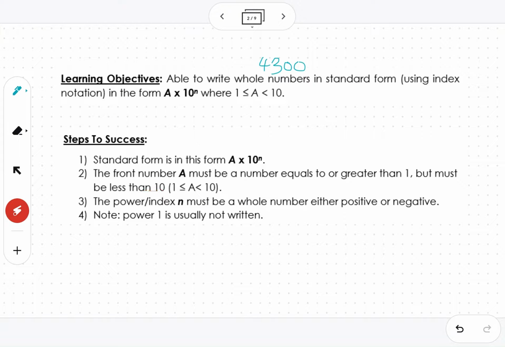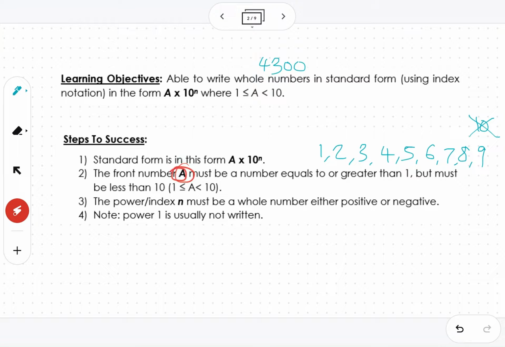So it can be 1, 2, 3, 4, 5, 6, 7, 8, 9. It must be 1, 2, 3, 4, 5, 6, 7, 8, 9. 10 cannot. Okay. So n, this power n, must be a whole number.